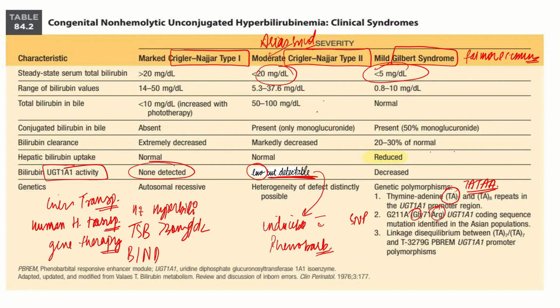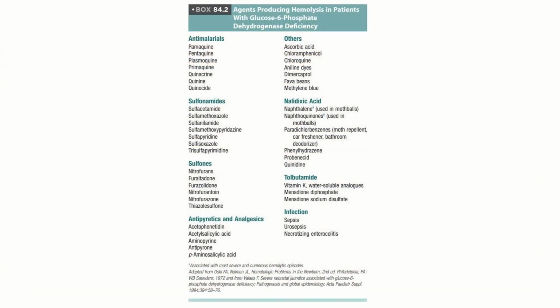Now, having understood this, let's focus on G6PD deficiency. We know that G6PD deficiency is an X-linked disorder, and therefore it will affect hemizygous males, homozygous females, or heterozygous females with X inactivation.